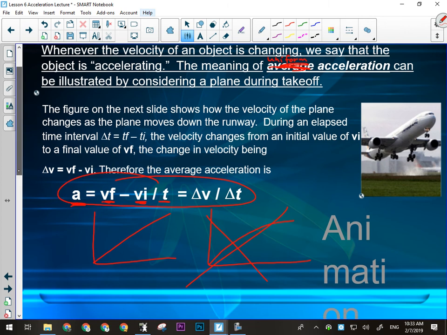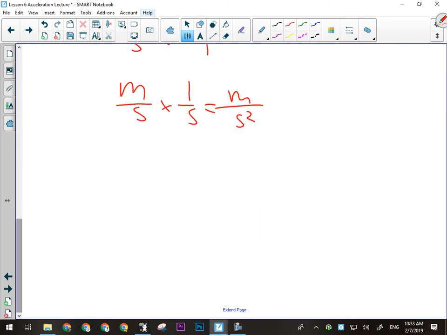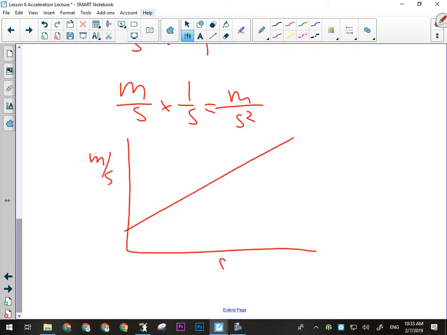Now, where did that formula come from? We talked about that yesterday as well. If this is a velocity versus time graph, this here would be B. I'm just going to put a point up here.